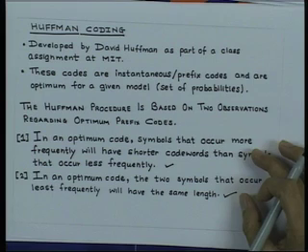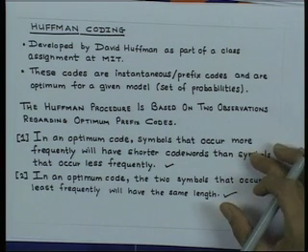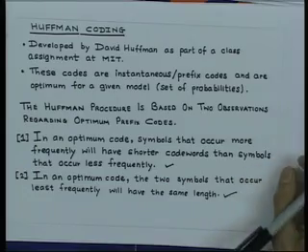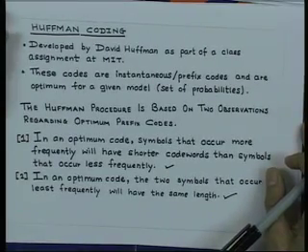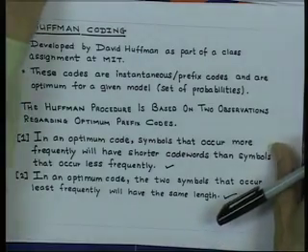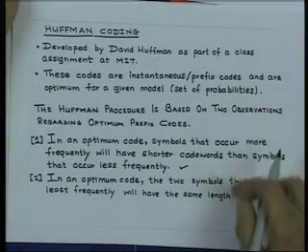Now, these two conditions we will prove more mathematically a little later on, when we provide the justification of the optimality of Huffman codes. Besides these two observations, the Huffman code is based on one more simple requirement that is added.